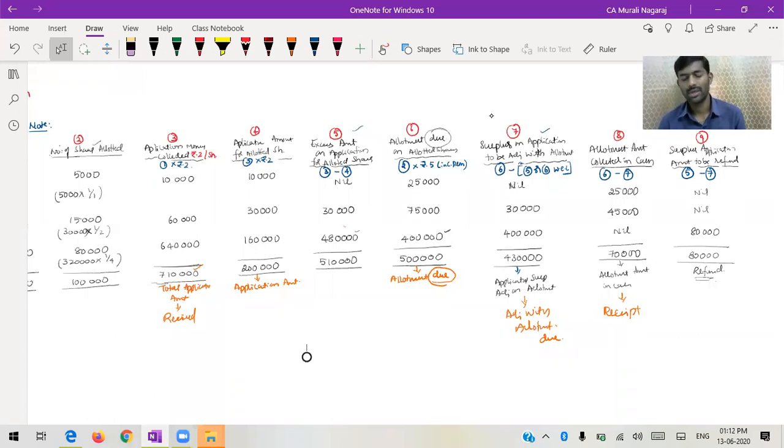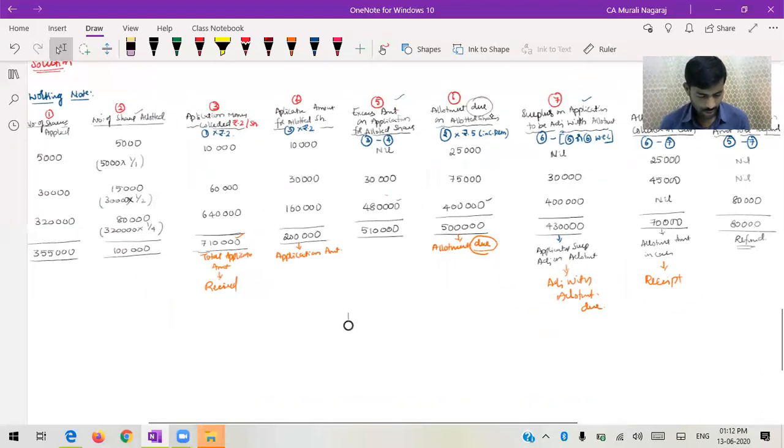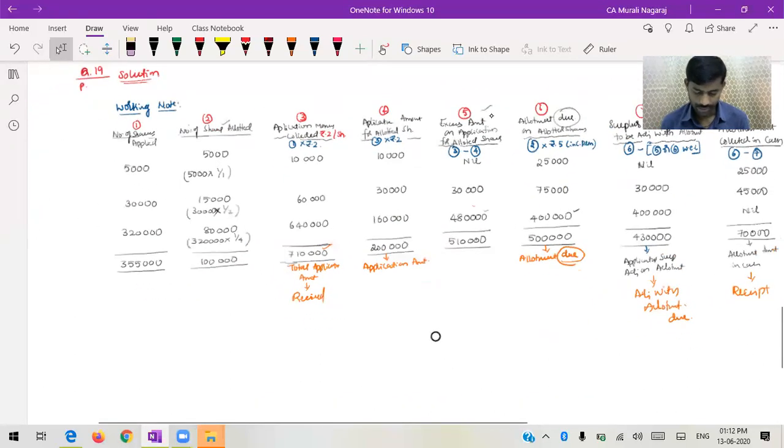So rather than full, at least something. Got it? Whatever you are allotting in proportion, that is what we call pro rata allotment. For a few shareholders in some ratio, for others some other ratio. If there is excess beyond that, you can adjust it with the share allotment amount due. If it is beyond that, you can refund. So this is question number 19.